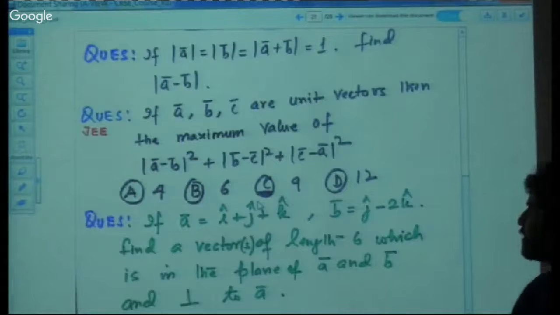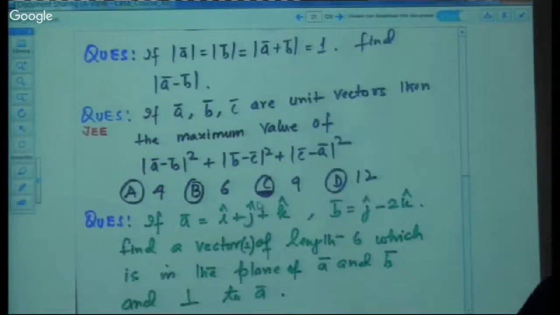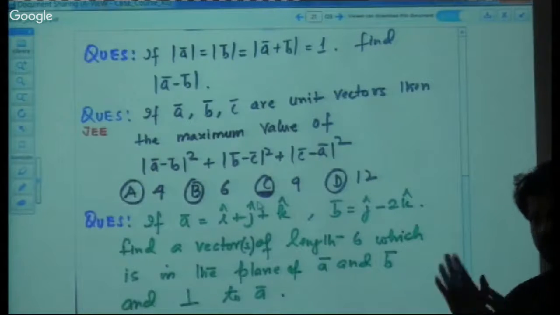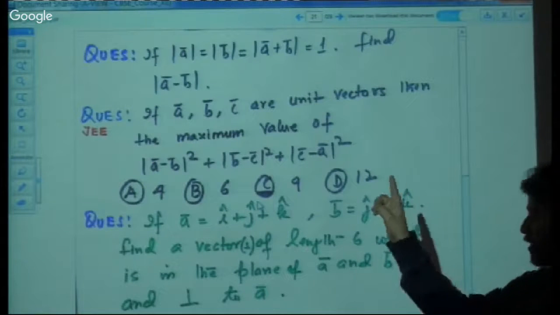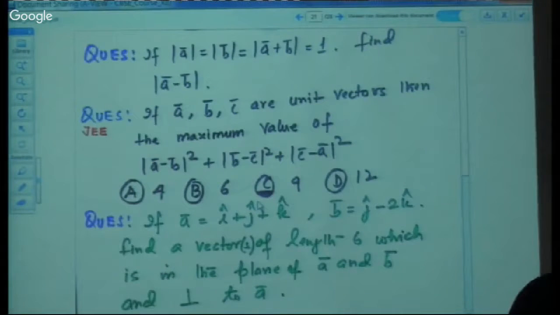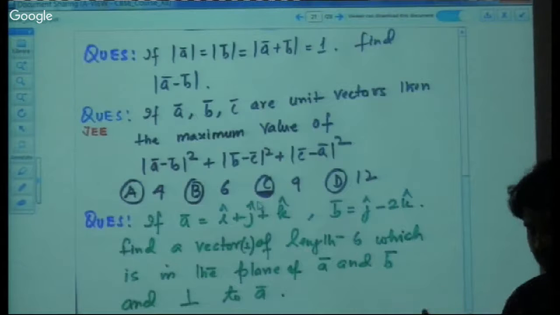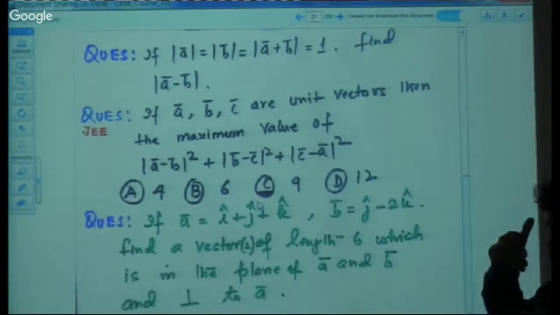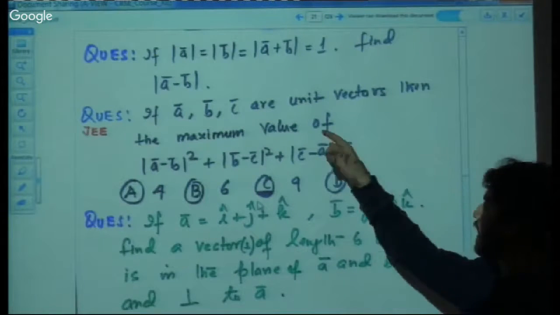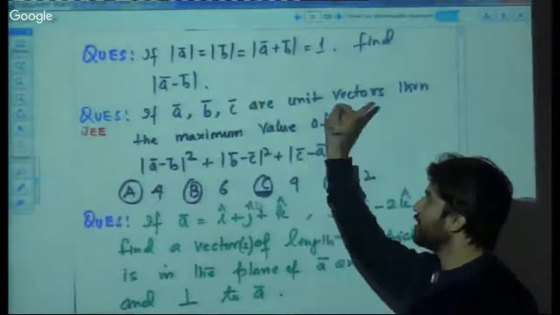We already learned that mod A plus B square is mod A square plus mod B square plus 2A dot B. And we also learned that mod A minus B square is mod A square plus mod B square minus 2A dot B. So if I add this square plus this square, I will get what on the right side?